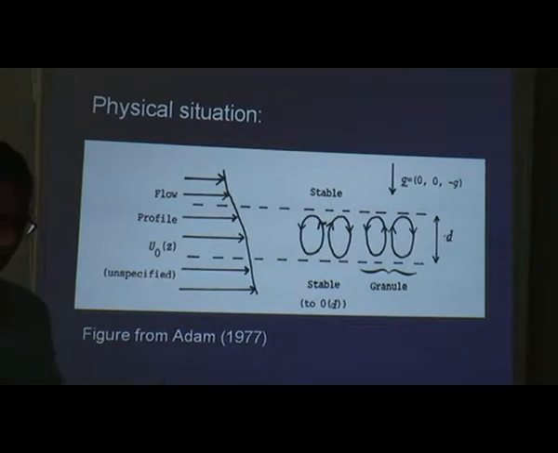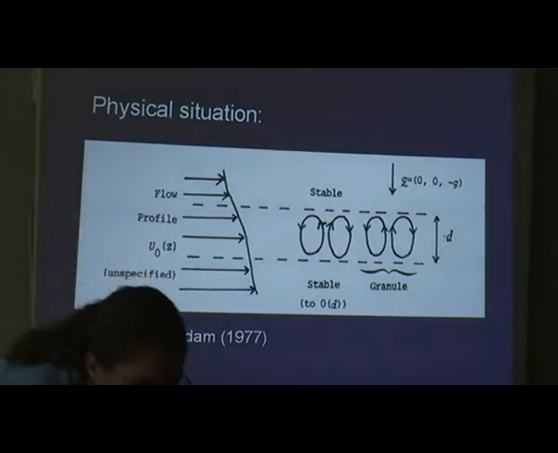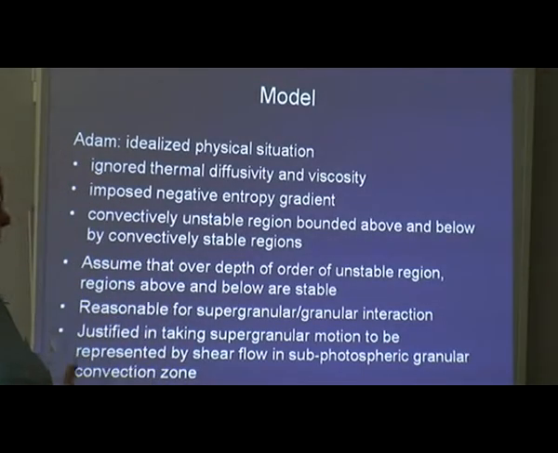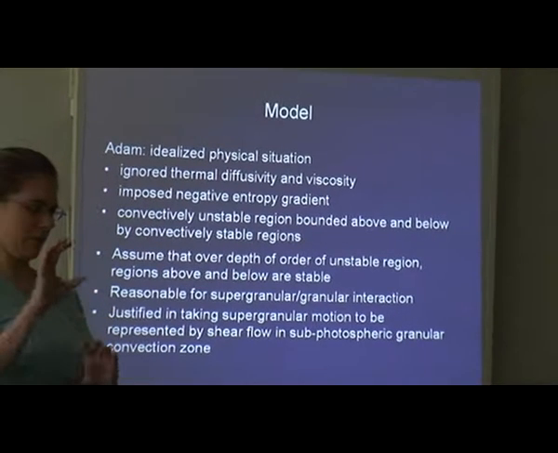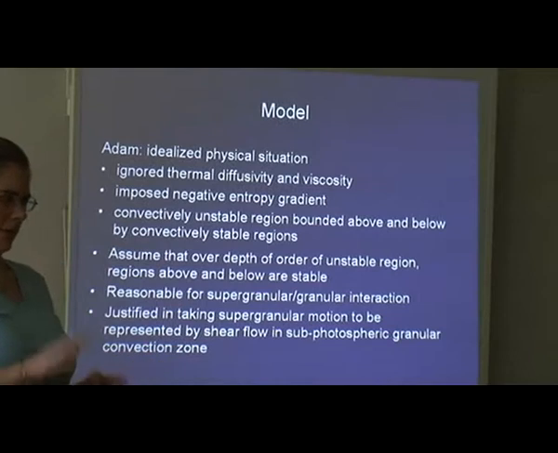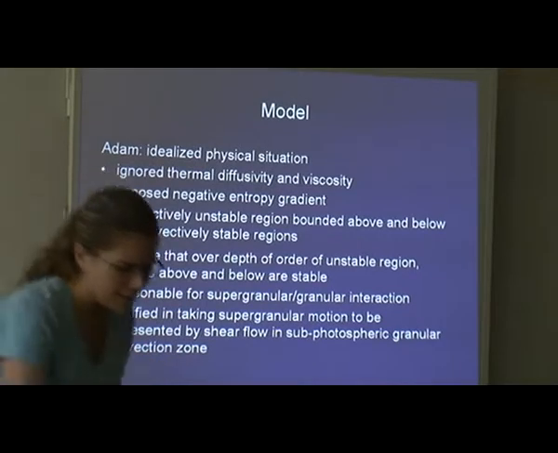We're only looking at a two-dimensional model right now. It was idealized so that diffusivity and viscosity were ignored, and we have to have these stable regions bounding it, but these are kind of unreasonable for the scale that we're looking at.